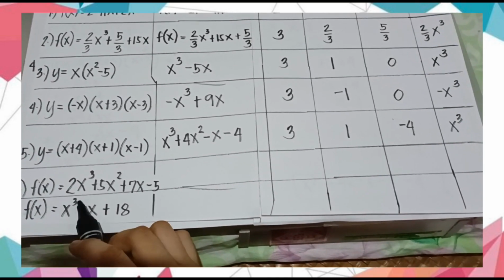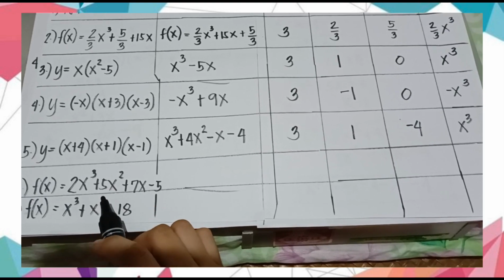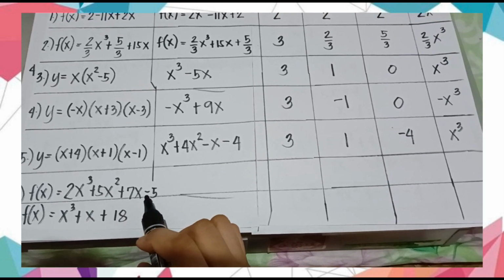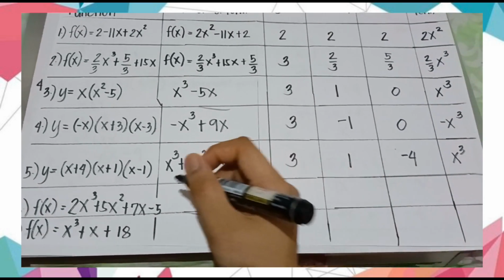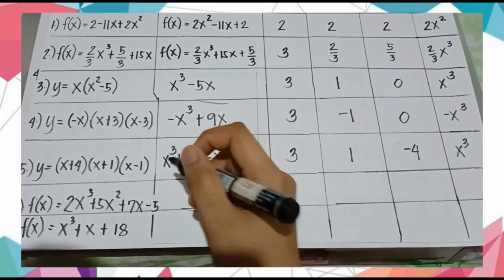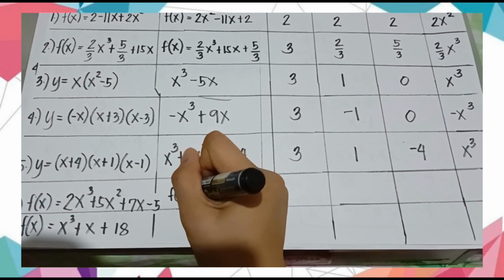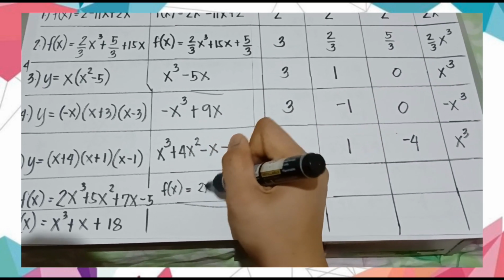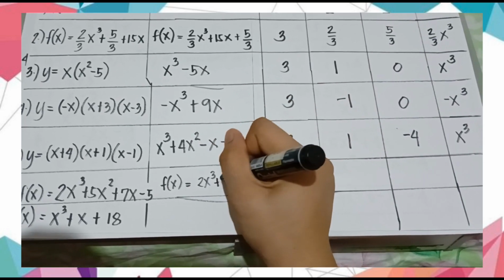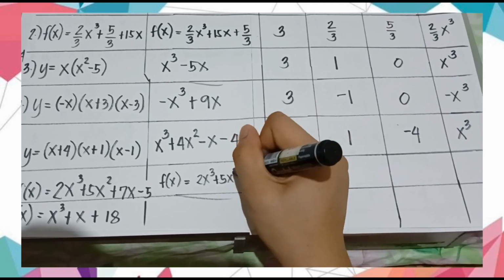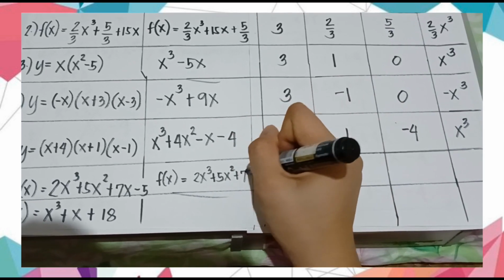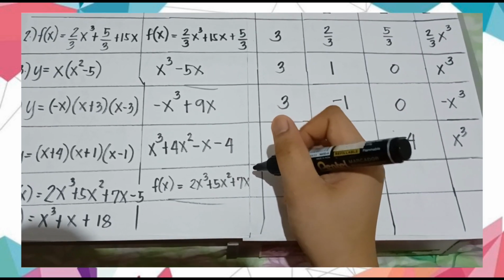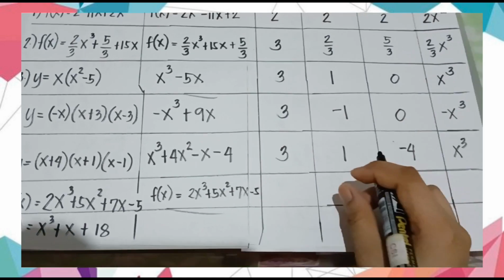Next example, we have number 6. This is just like example number 1 and 2. We can easily identify the standard form of this polynomial function because it is already arranged in decreasing powers of x. So we have 2x cubed plus 5x squared plus 7x minus 5.